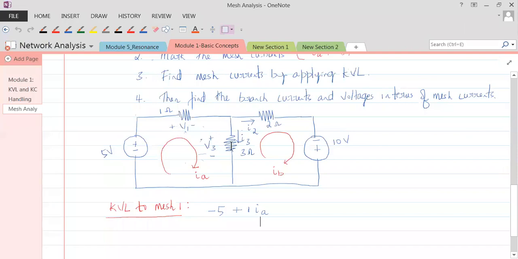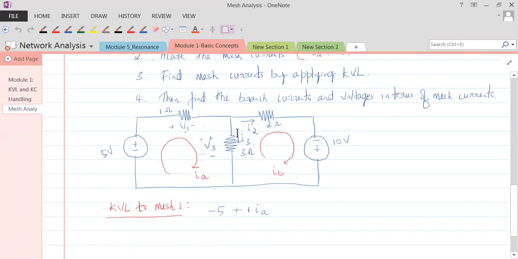But through 3 ohms, is it only IA flowing is the question. Observe that, everybody. Through these 3 ohms, is it only IA flowing? No. IA is flowing, yes, but it's not only IA flowing. There is IB also flowing through this.